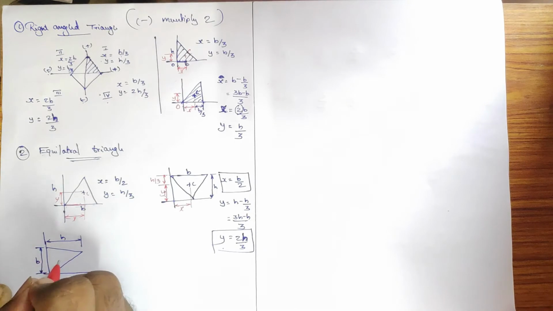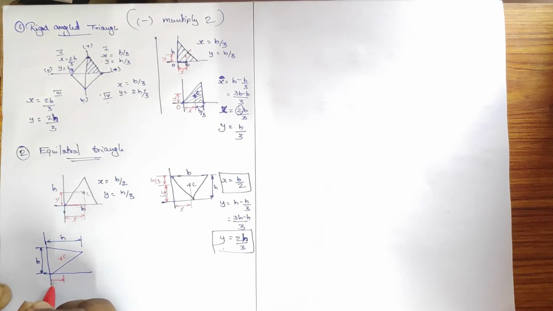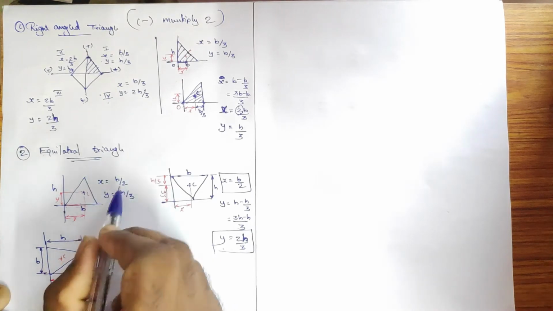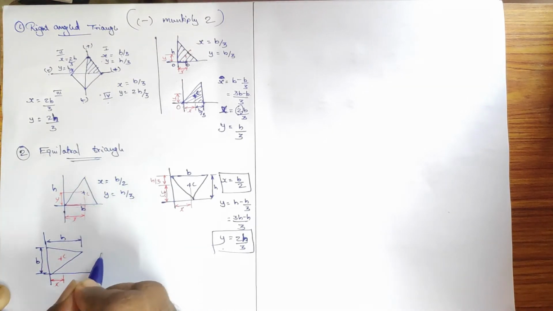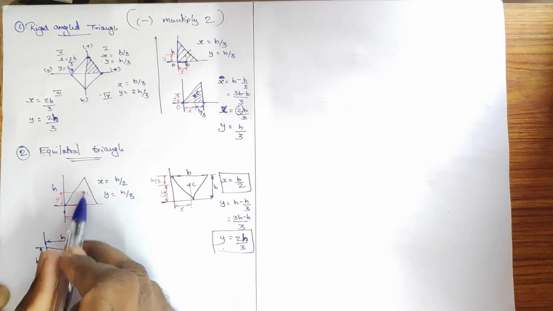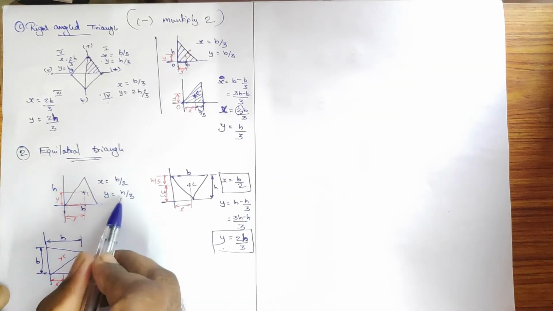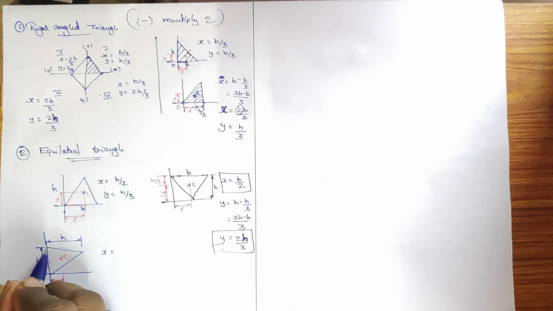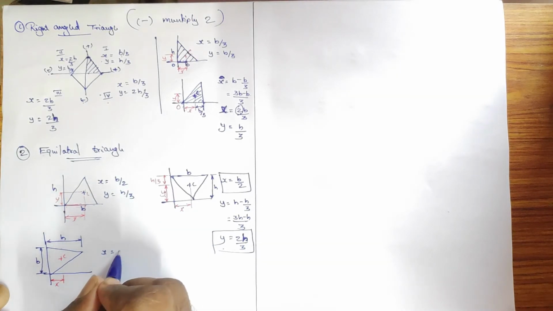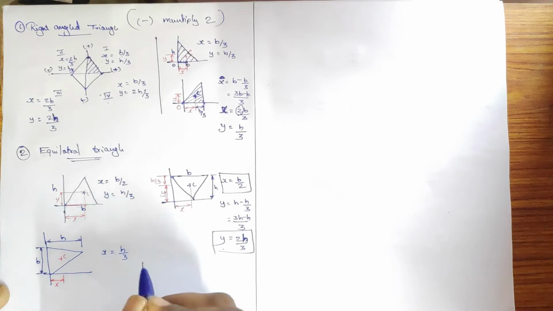Then what would be the centroid, and what would be the x for the centroid? Just see here, the entire length is the height, so x is equal to, from the base, the height h by 3, as we derived in the basic case, right? So here from the base this x is h divided by 3.